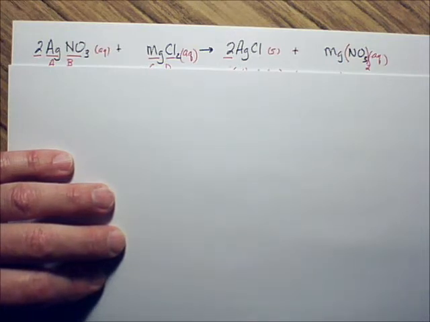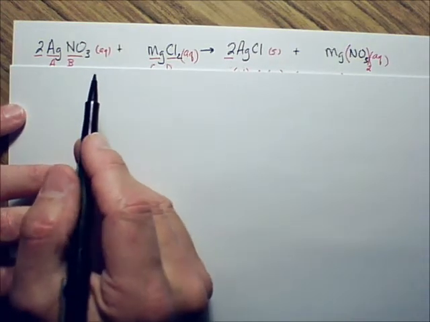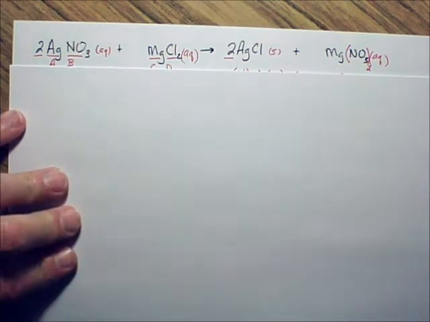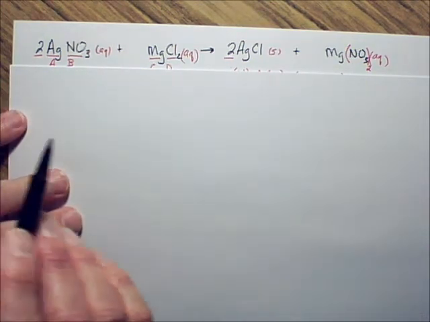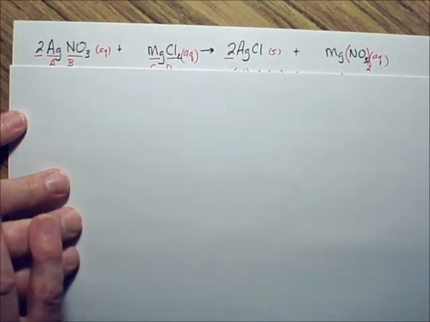So if it's ionic and solid, we don't break it up because it has to be both at the same time. And to repeat, you can tell your formula is ionic because it'll fit one of two categories.